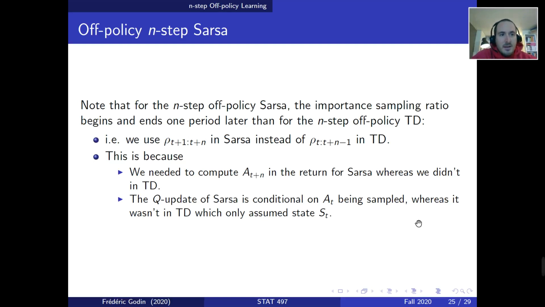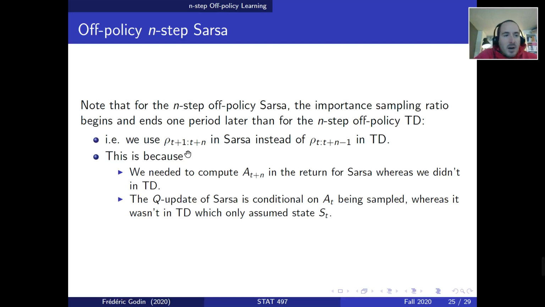Okay, so that's it. Now we're going to go back to discussing what we said earlier about the importance sampling ratio. Why do we use rho from t plus 1 to t plus n instead of rho from t to t plus n minus 1? First, why do we start at t plus 1 instead of t? It's because in TD, we did not prescribe the action at time t. The action at time t was selected based on the behavior policy b.